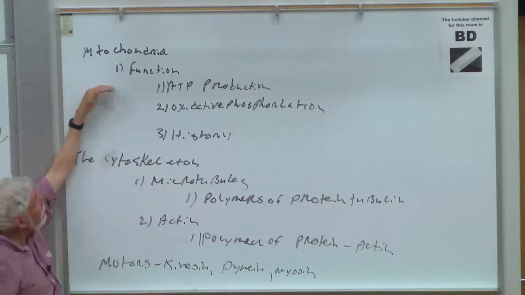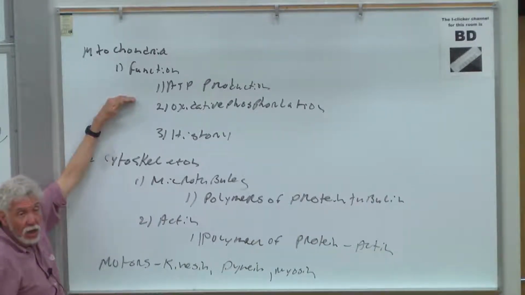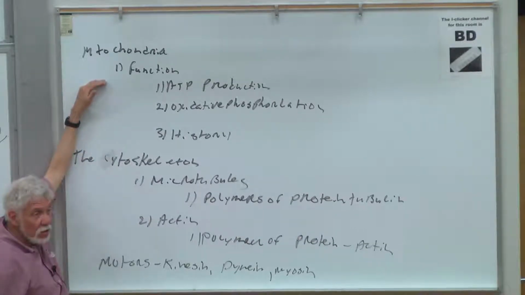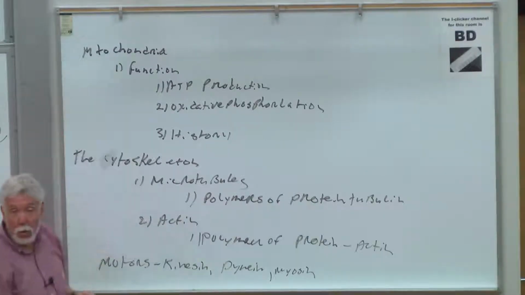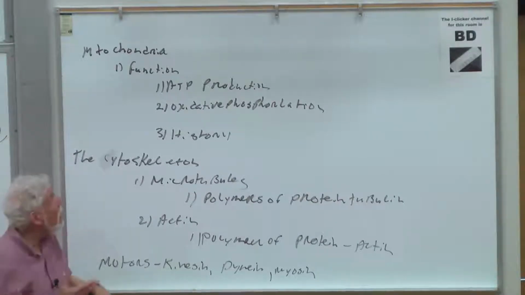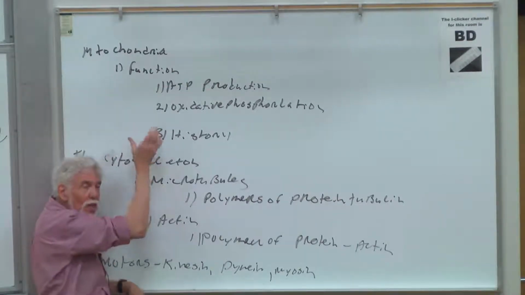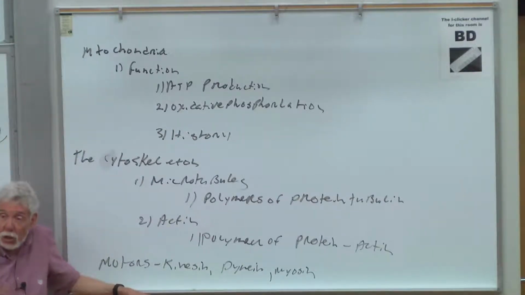Some long ago single-celled primitive eukaryotic cell captured one of these mitochondria. But at that time, they weren't called mitochondria. Well, they weren't called anything, but they weren't mitochondria. They were probably bacteria of some sort. So there was a capture event of this bacterium, but this bacterium had learned to live in a new environment where there was lots of oxygen, and it was able to use that oxygen to make ATP.